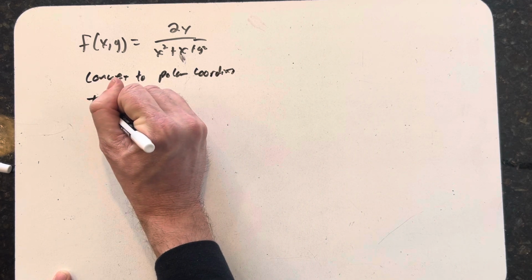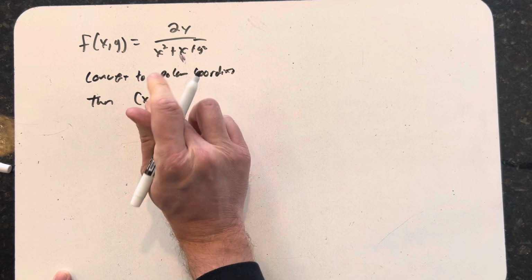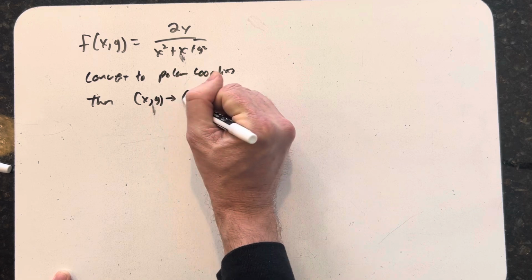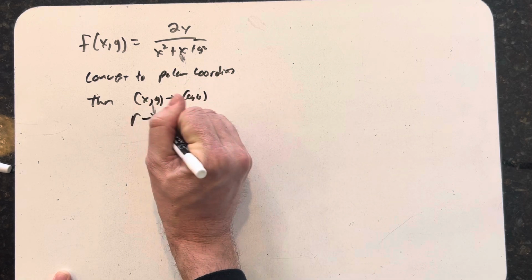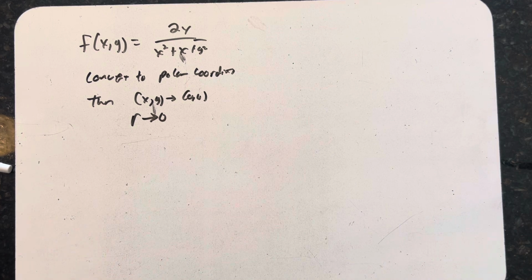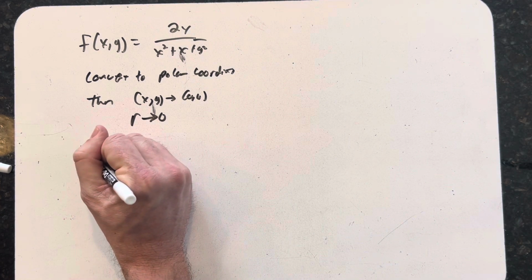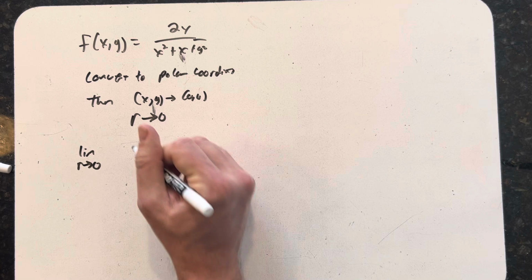And then we can take the limit as (x, y) approaches the origin by letting r go to 0. So let's rewrite this function in polar and take that limit as r tends towards 0.